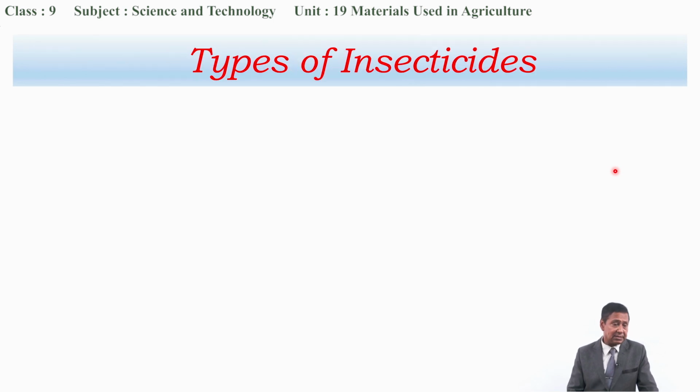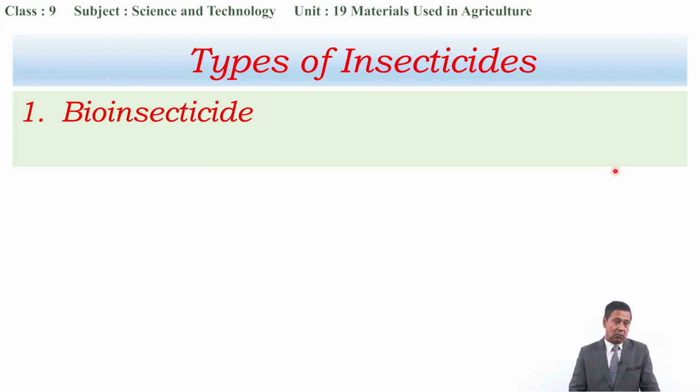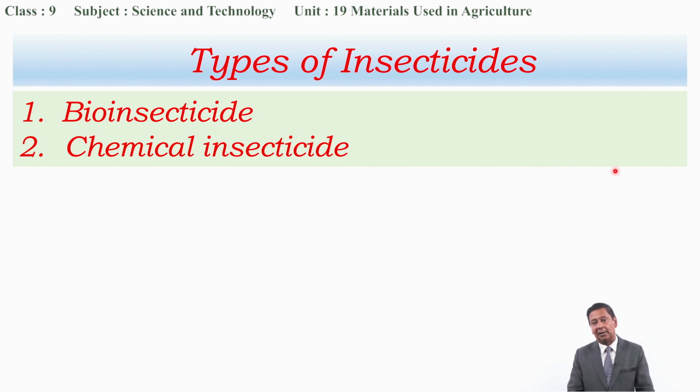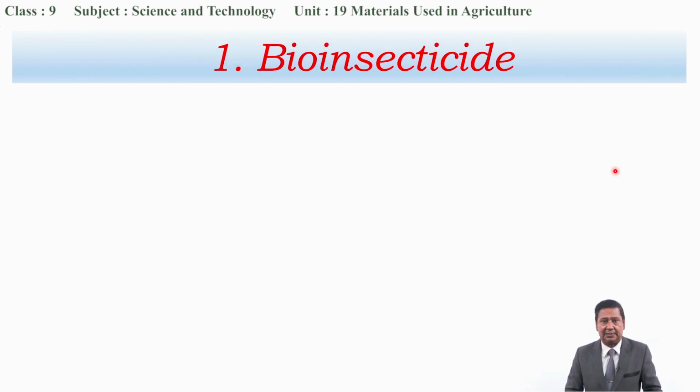And it is divided into two types. One is called bioinsecticide and another is called chemical insecticide. What is bioinsecticide? Looking at the name also we can understand this is made up of natural material.